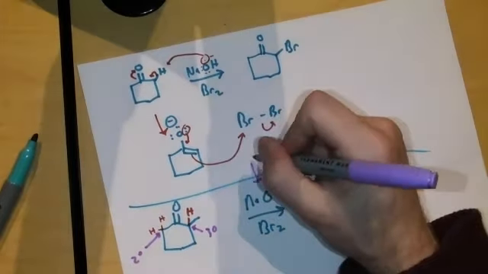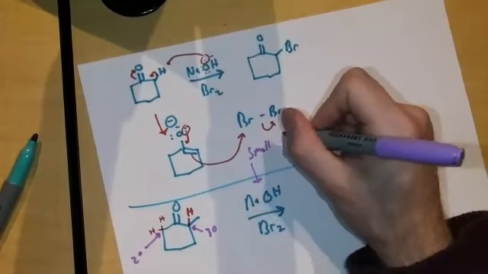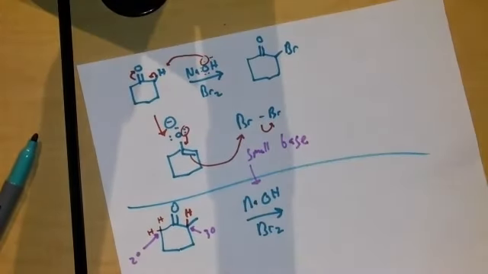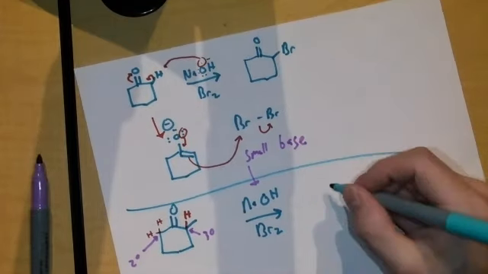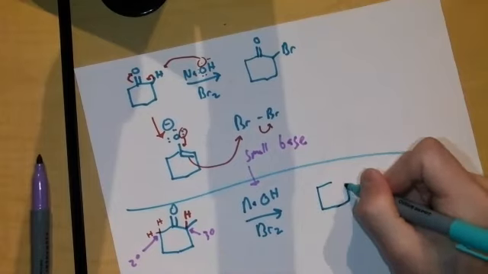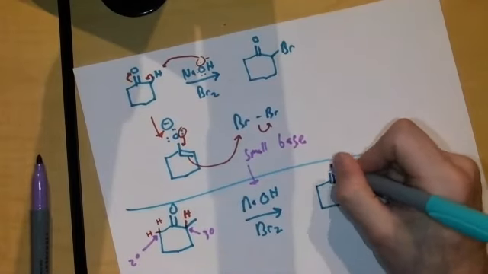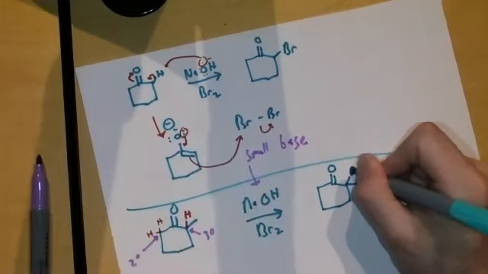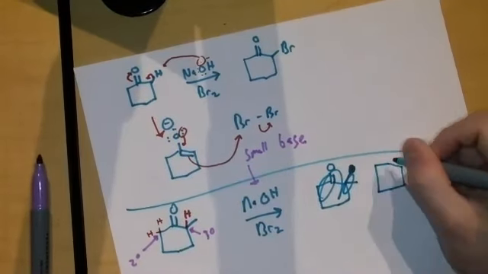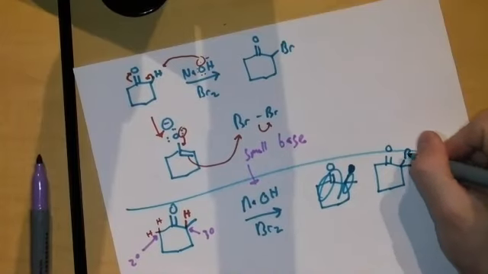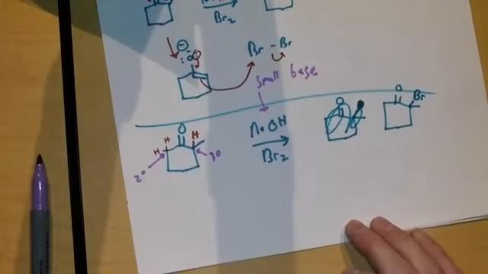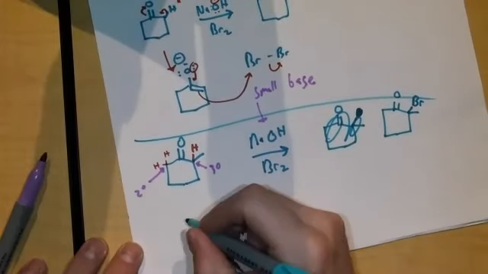NaOH is a small base, which means it's going to pull off that tertiary proton, and that's where it's going to halogenate. So this is going to lead to this bromination product.